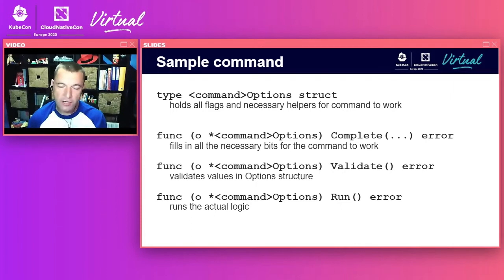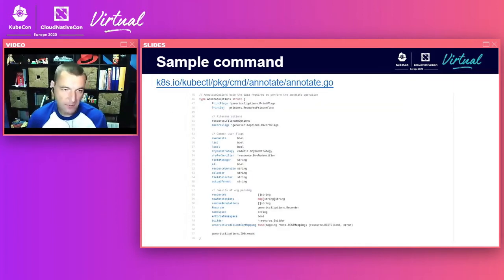So let me quickly go through an annotate command, which is a perfect example of such a nicely structured command. It's not the shortest one. You will find shorter commands, but I figured I'd pick something from the middle of the spectrum, from super easy to super hard commands. So as you see, there is annotate options, and the annotate options has print flags, has functions responsible for printing objects, for recording, as well as all the flags.